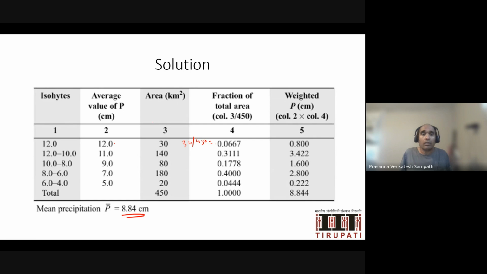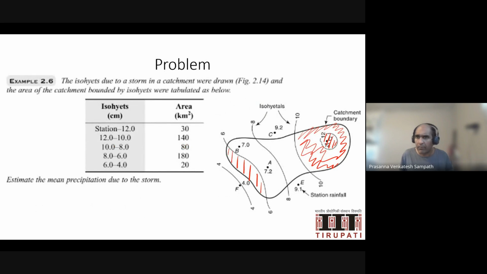for, let's say, this area between 12 and 10, it says the area is 140 kilometers square. So the representative average value for between those two isohyets is 11 centimeters. So let me go back to that. So this is 12. This isohyet is 12, and then this one is 10. Okay, let me maybe erase that stuff over there. So this is 12, and then this is 10, right?